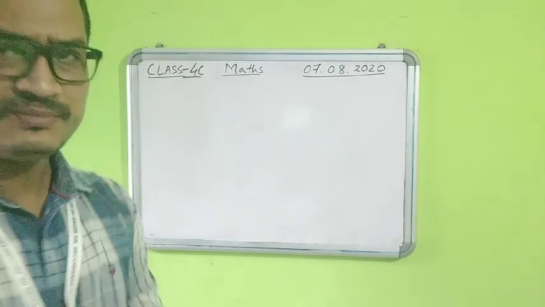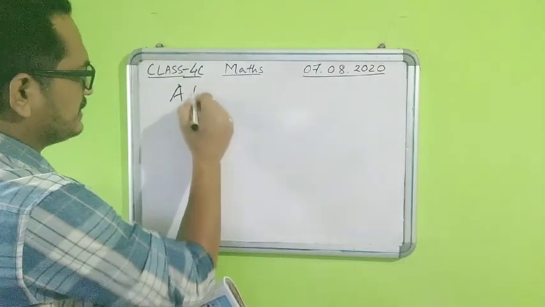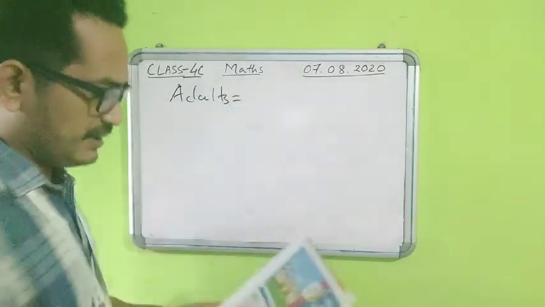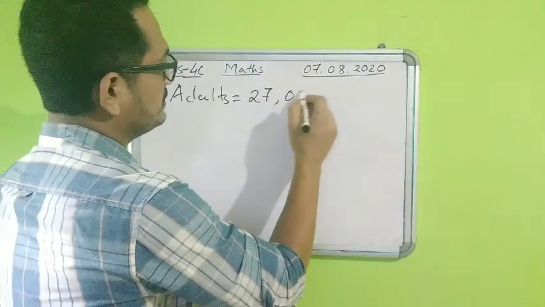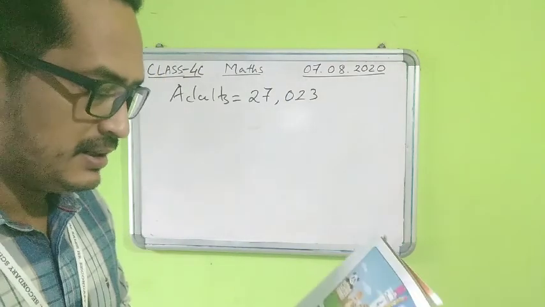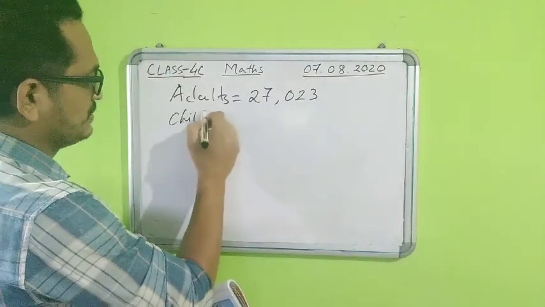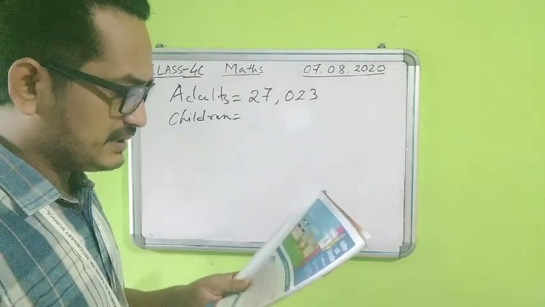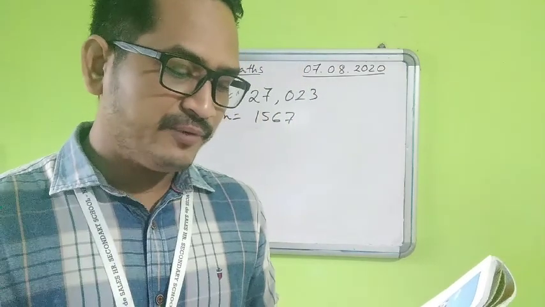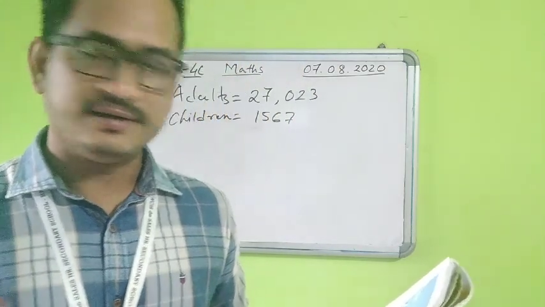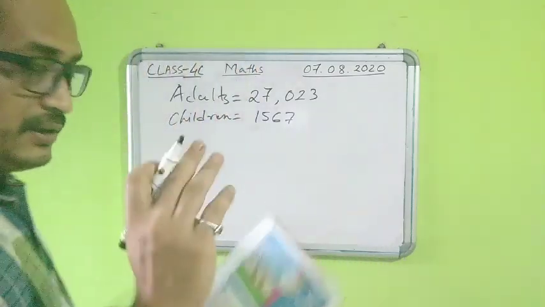If you see the first line, first of all, you have to see how many adults there are. In the question, we first see how many adults were there. Adults is 27,023. Children, that is equal to 1,567. 1,400 adults and 1,200 children went out of the town on 23rd March.